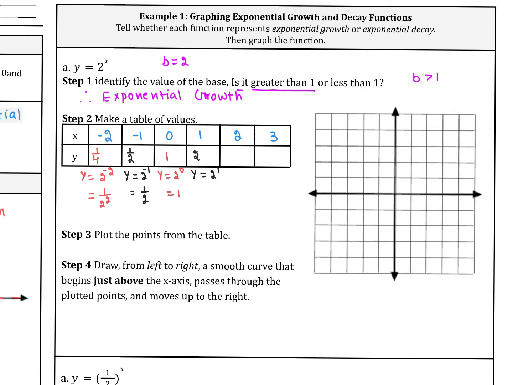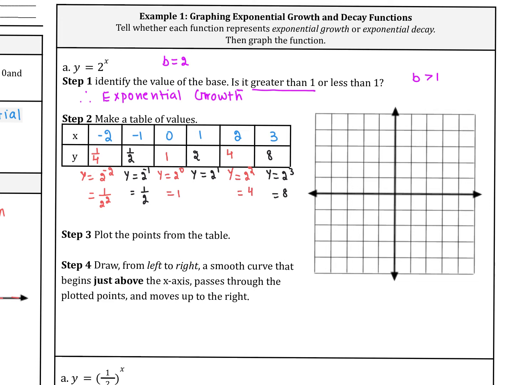When you put x as 2, 2 to the power 2 is 4. Y equals 2 to the power 3. 2 to the power 3 is 8. So this is going to be 8.